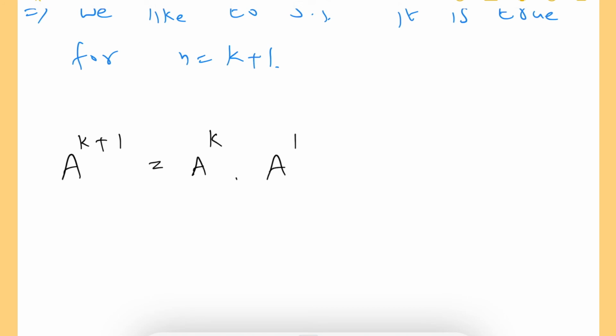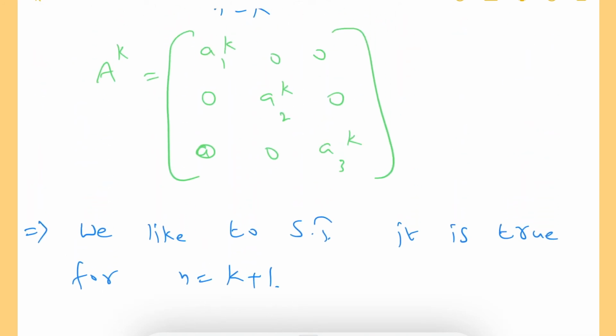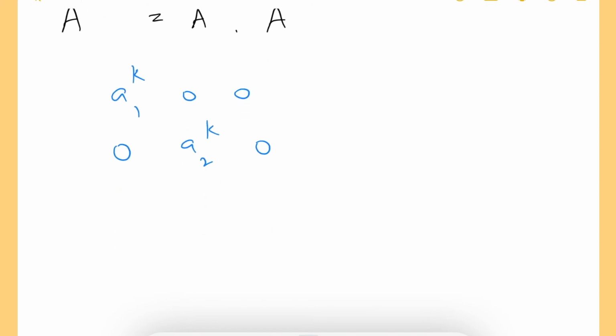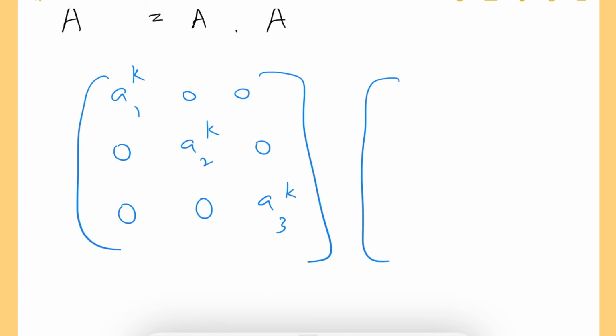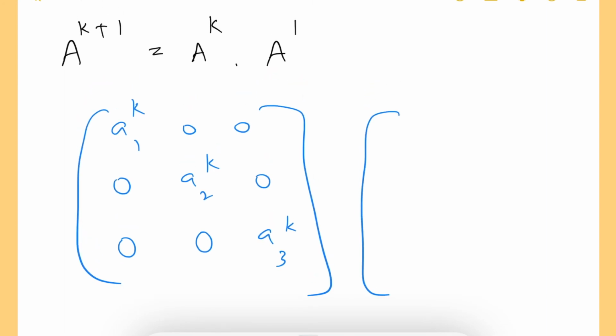So simply A power k and A power 1, both we need to multiply. The A power k value we just got: A1 power k, 0, 0, 0, A2 power k, 0, 0, 0, A3 power k, into A, which is power 1, that is A1, 0, 0, 0, A2, 0, 0, 0, A3.